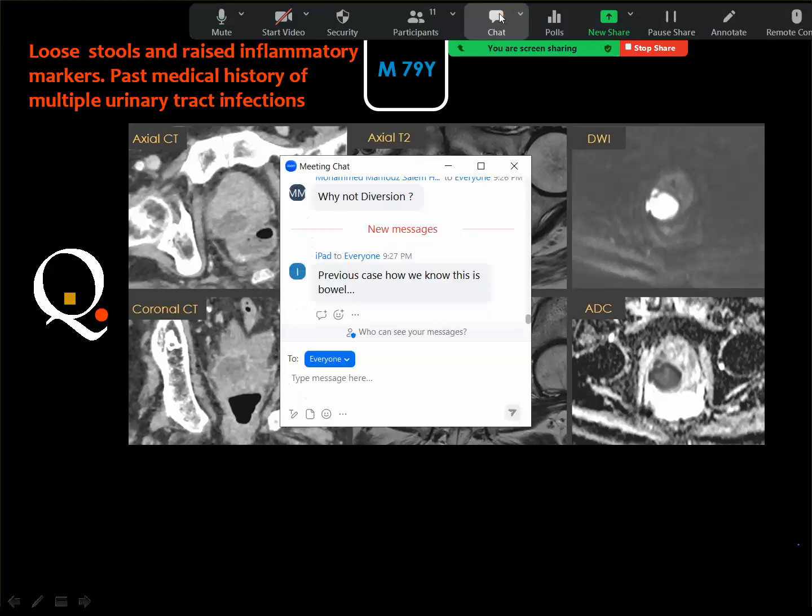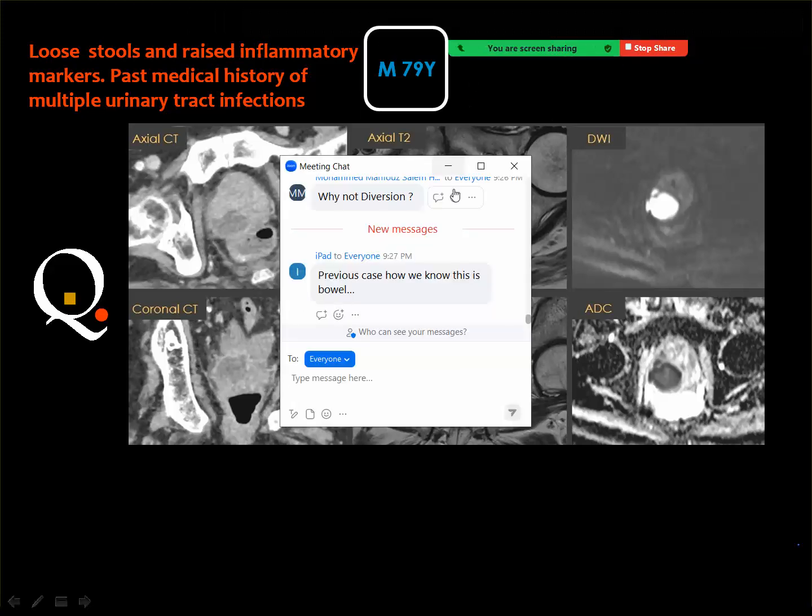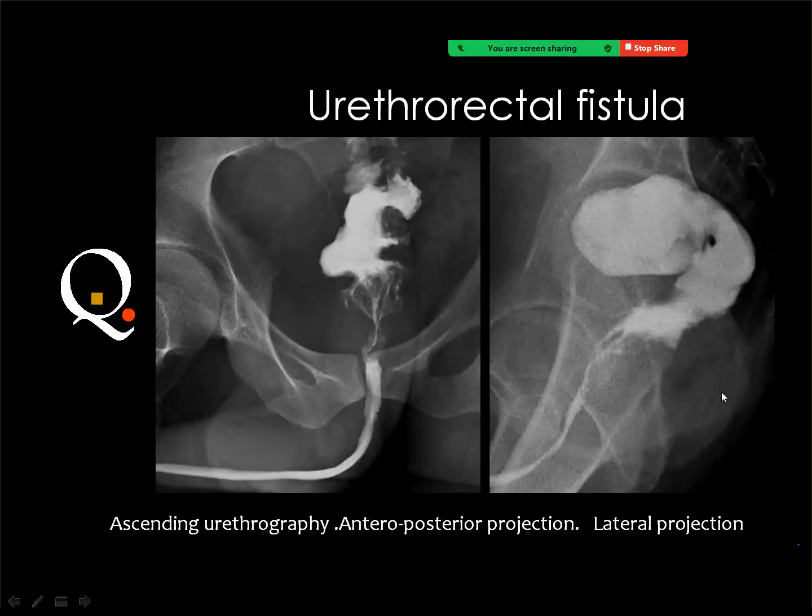Then what do you think about this case? The previous case, how do we know that this is bowel? This is not the urinary bladder, of course, and you look at the configuration, the anatomic site, the mucosal pattern, and the wall of the rectum.